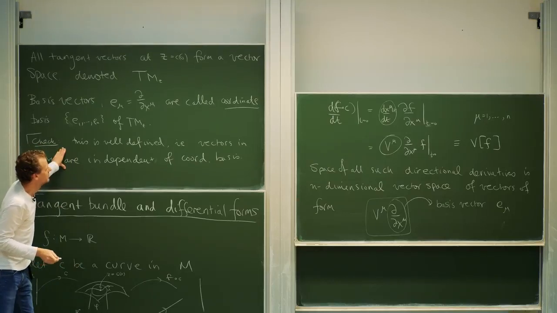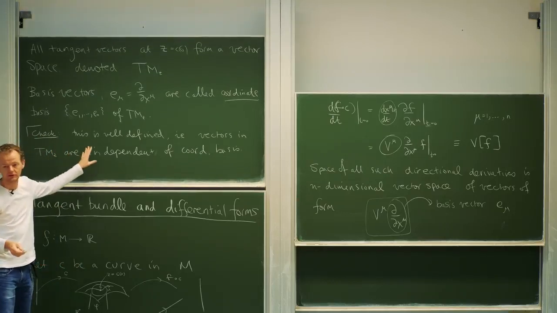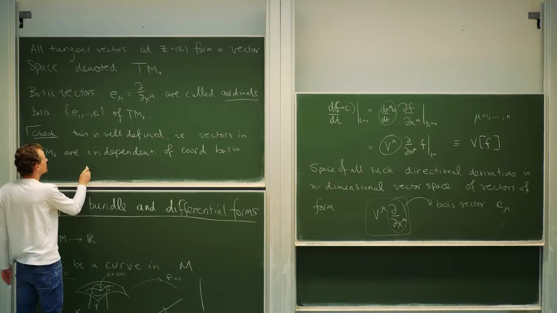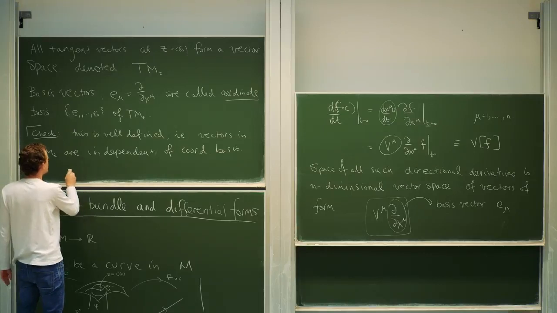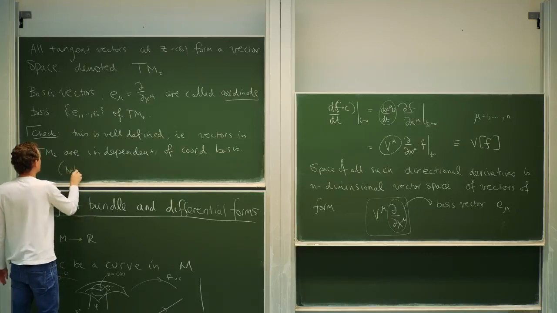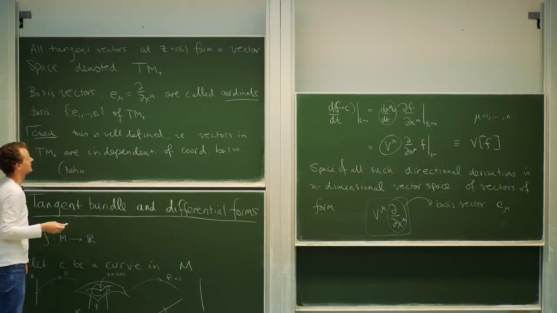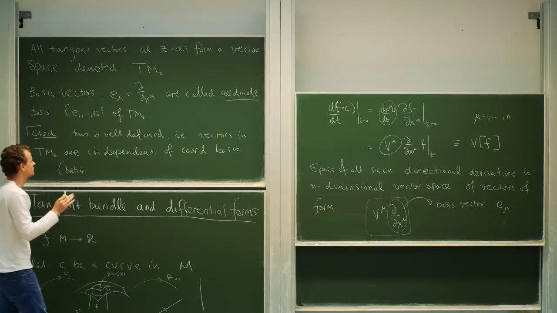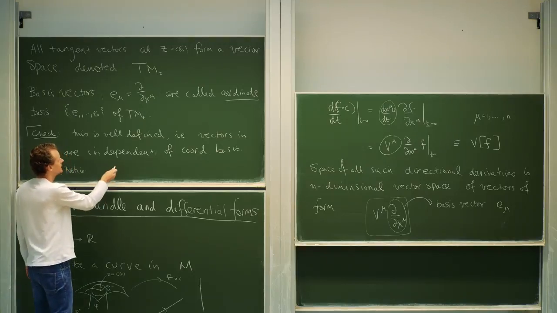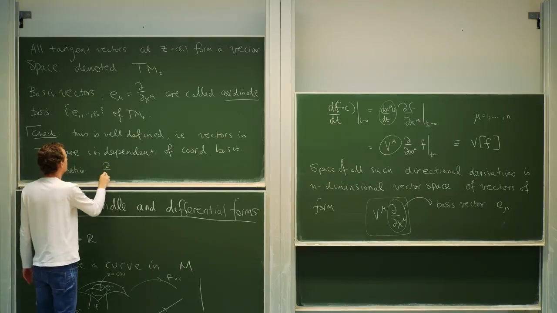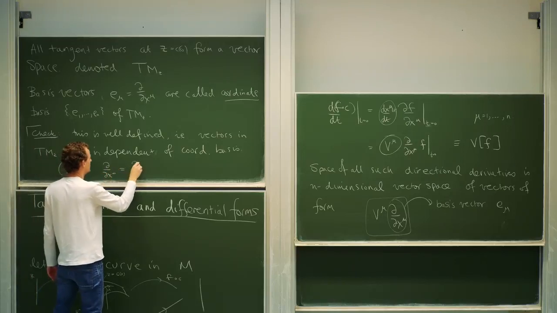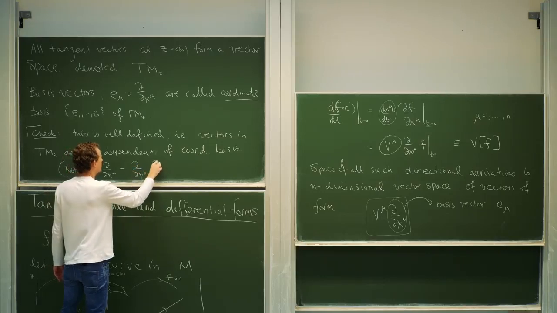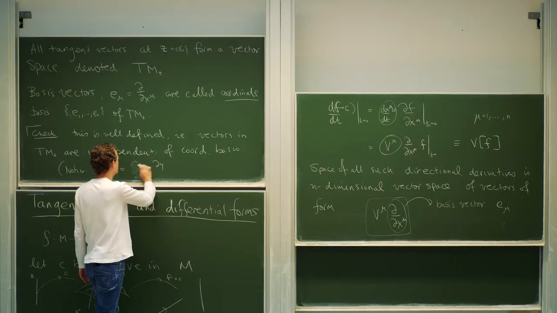So probably it will be helpful for you in thinking about this to notice the transformation law between two charts, or two coordinate bases, so namely that ∂/∂x^μ is ∂y^ν/∂x^μ ∂/∂y^ν, I did it the wrong way around.